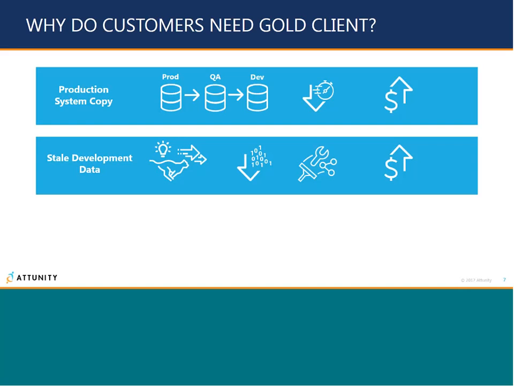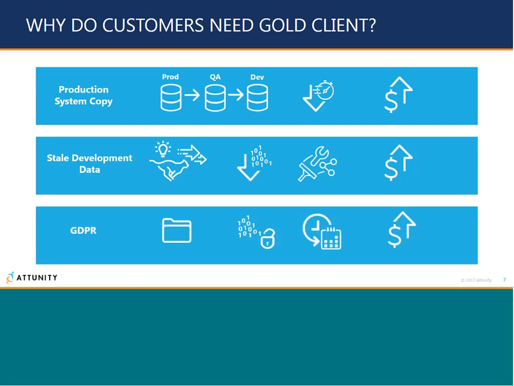And also, you then have to wait for the next full refresh to get the data that you need. And that, again, is a cost to the business. The third use case, which is the one that we're discussing really today, is all around GDPR. And we will come on to that.